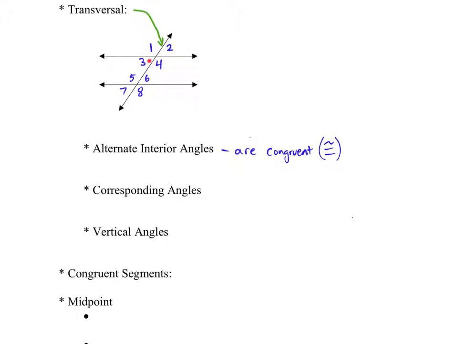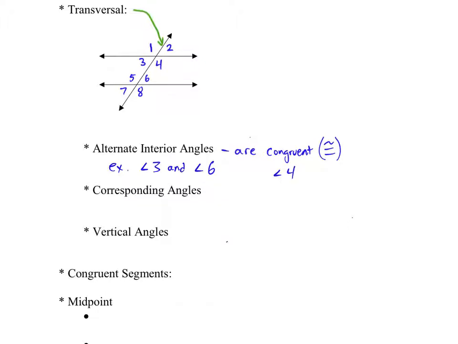Otherwise, you're saying what angle on the inside is on the alternate side of that transversal, the opposite side of that line. So if you wanted to write examples, you could say angle 3 and angle 6. So those two are going to be alternate interior angles. The other pair of alternate interior angles would be 4 and 5.